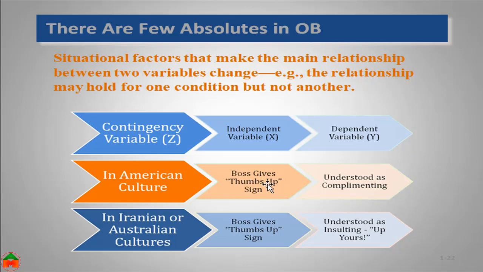But this thumbs up sign would be understood as an insulting sign in the culture of Australia or Iran. That means the situation may change the behavior. That's why whenever you are understanding behavior, you have to understand the context or the situations or contingent variables that change the situation.